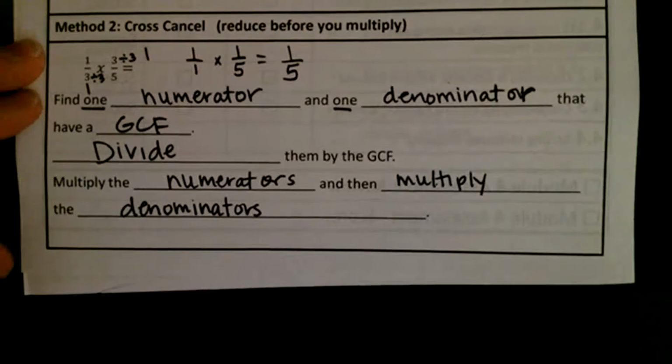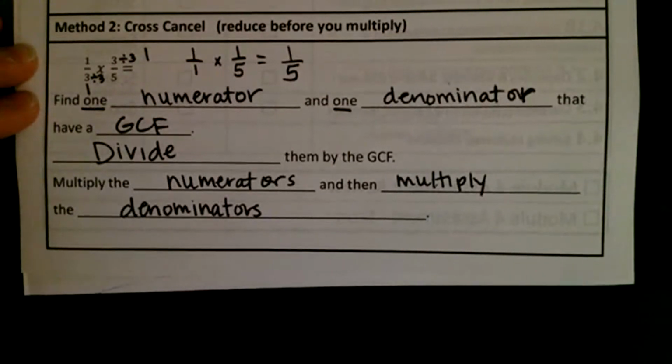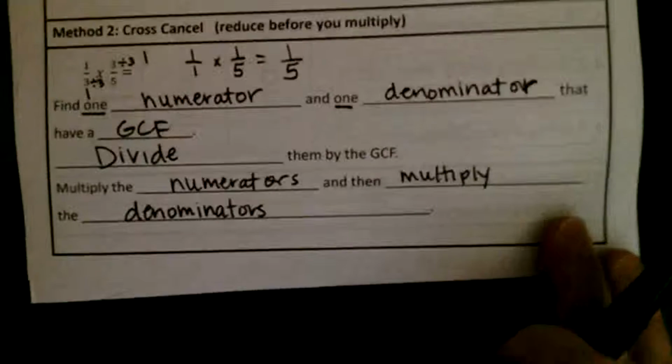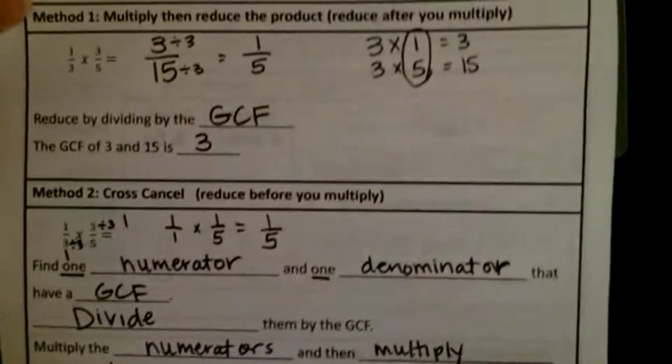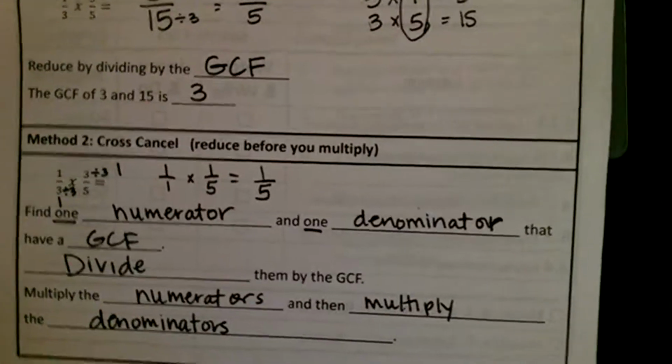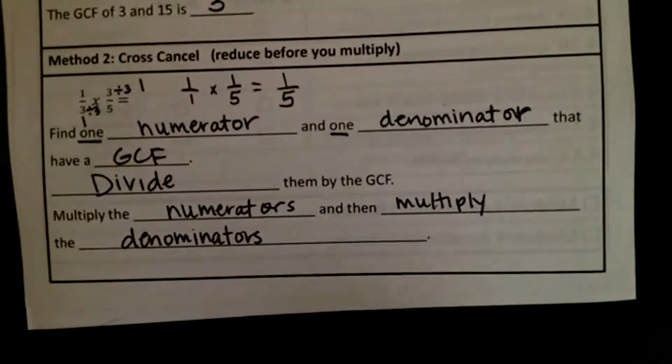If you do the reducing or simplifying to lowest terms before you multiply, the multiplication numbers are much smaller, all right? So if you need to watch these two parts again, you can. That is basically multiplying fractions and then reducing to simplest terms, or reducing to simplest terms first and then multiplying.